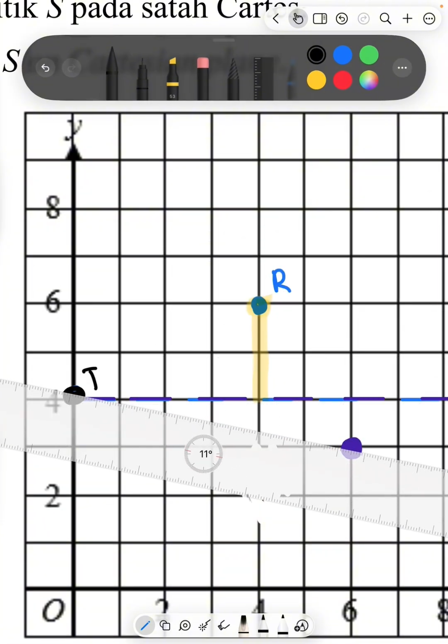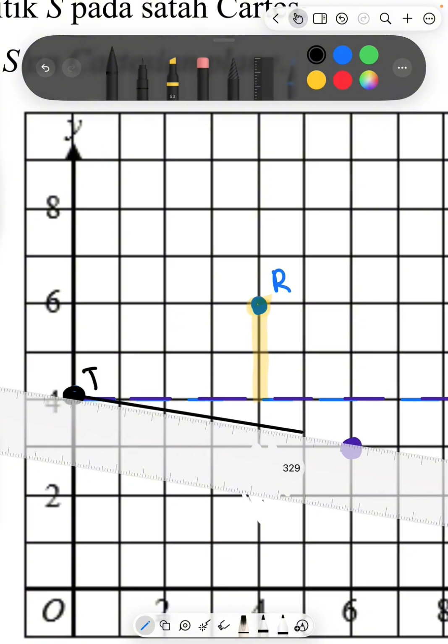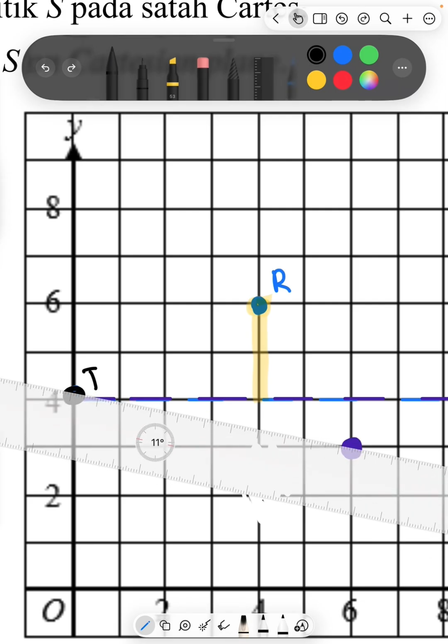Make sure it's perpendicular, it's straight. Not straight.